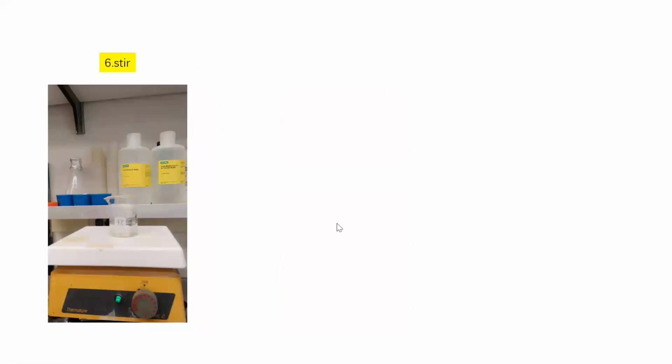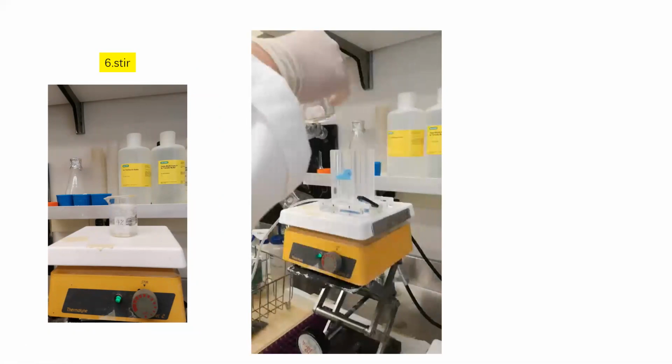So after you prepare the 4% and the 20% buffer, you first stir and mix it very well. And here I have a video to show how to do it. You can see the first switch is on one side, and make sure only the left one can flow out, flow down the buffer.